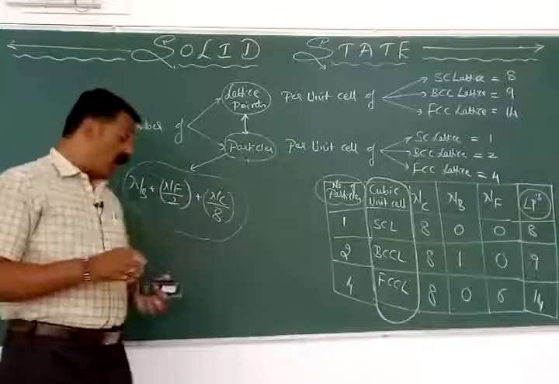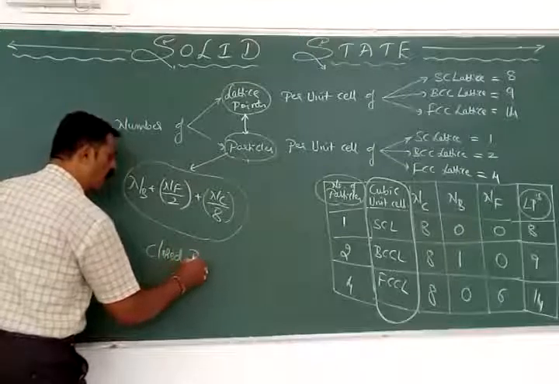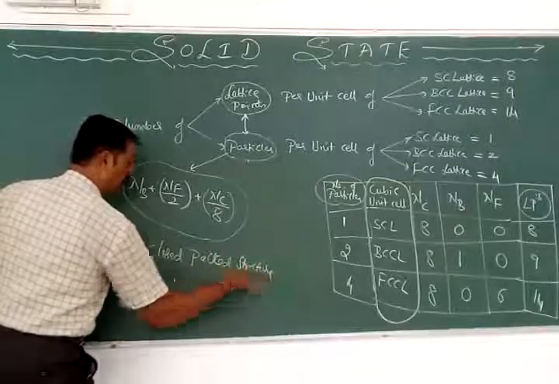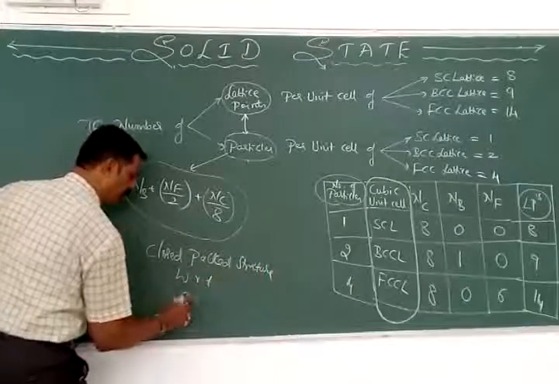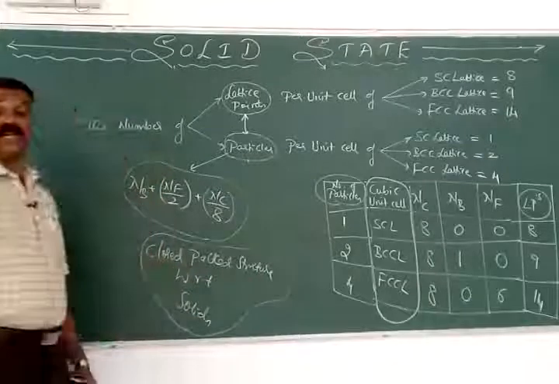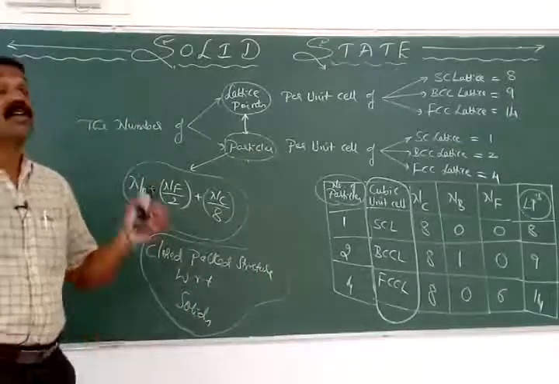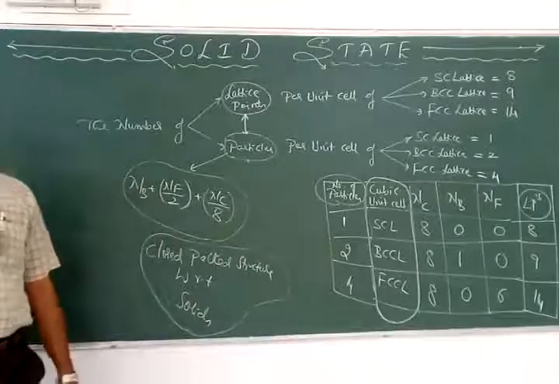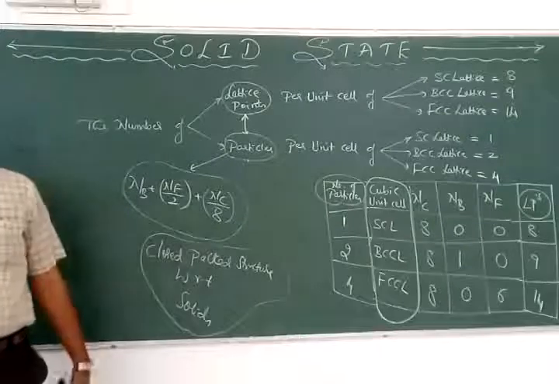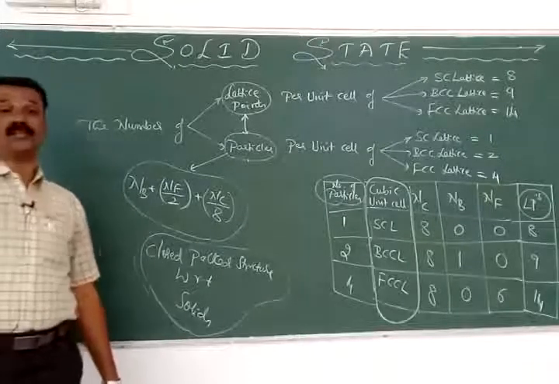Okay. So now we will move on to the close packed structure with respect to solids. Because as we know, solid is one of the physical states of matter wherein the particles are closely and compactly arranged. What is a close packing arrangement with respect to the particle arrangement in case of solids?